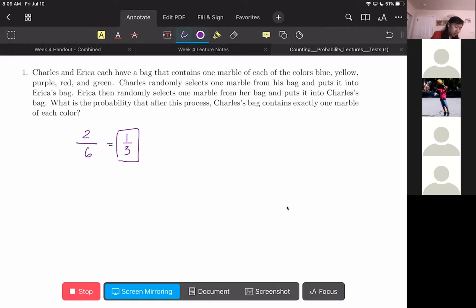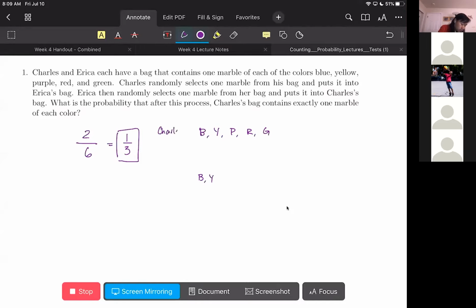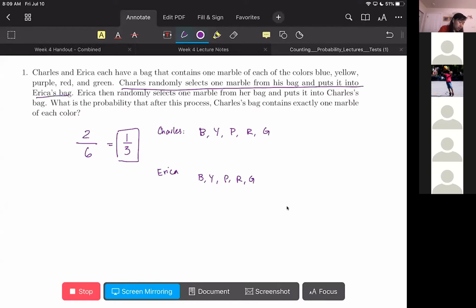Yeah, so, okay, Charles has 5 marbles in his bag. Let's say we have blue, yellow, purple, red, green. And Erica also has blue, yellow, purple, red, green. It says Charles randomly selects one marble from his bag and puts it into Erica's bag.